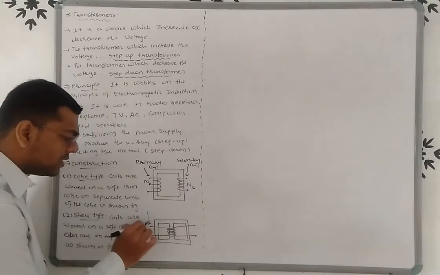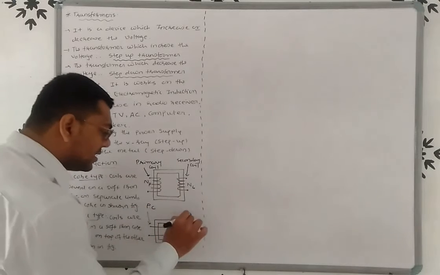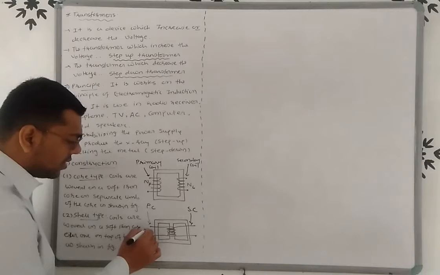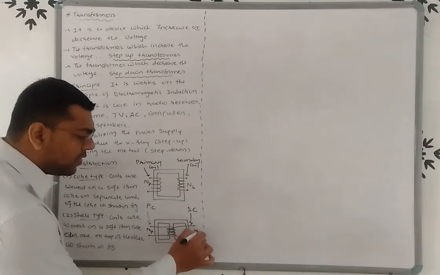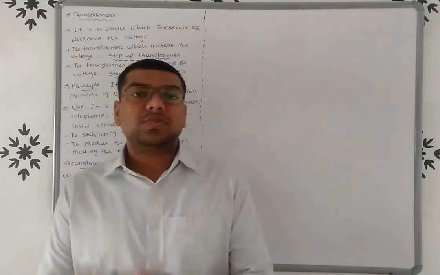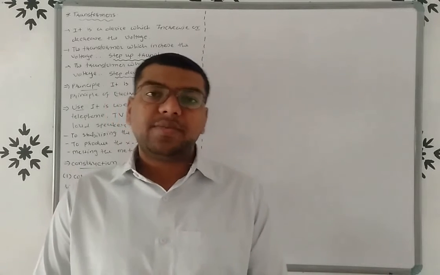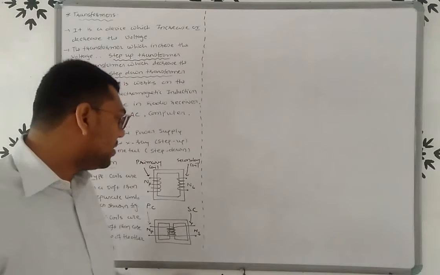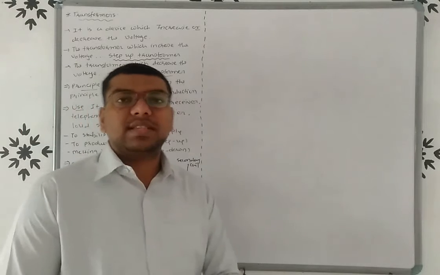This is PC, the primary coil, and this is SC, the secondary coil. One coil is the primary coil with Np turns, and on the other side is the secondary coil with Ns turns.